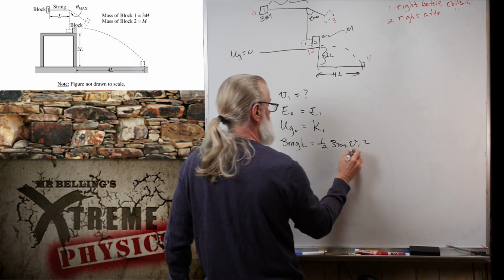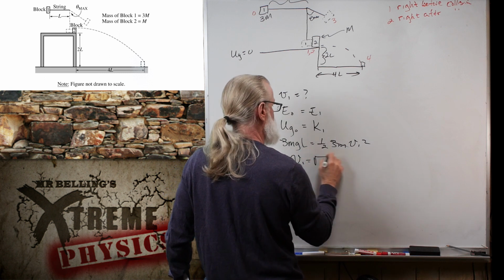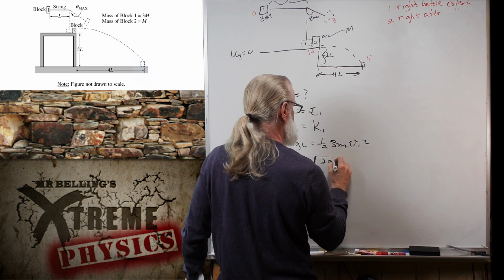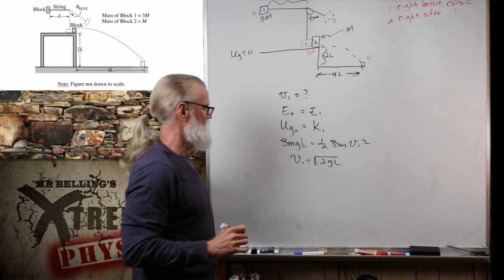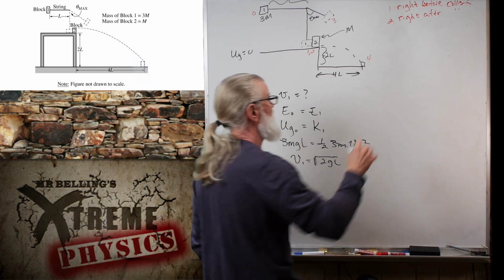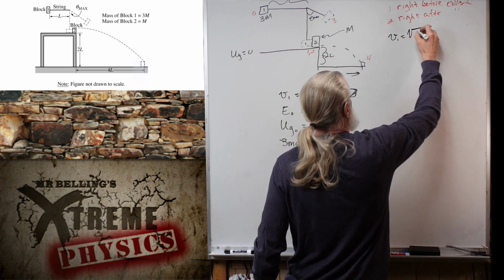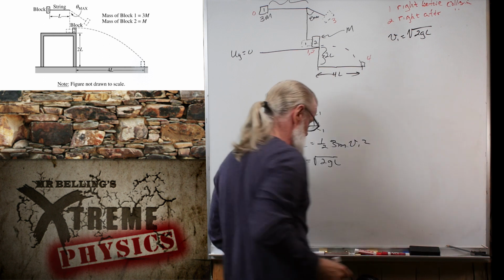It looks like v1 equals the square root of 2gL. So that's the speed right there. v1 equals the square root of 2gL. I'm going to write it right up here. Probably going to need that.